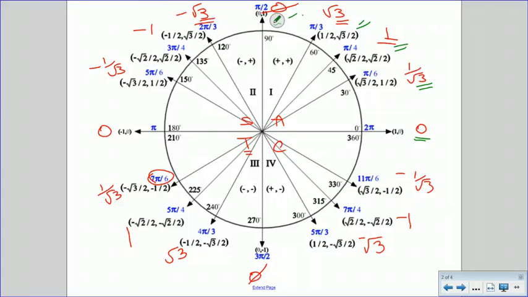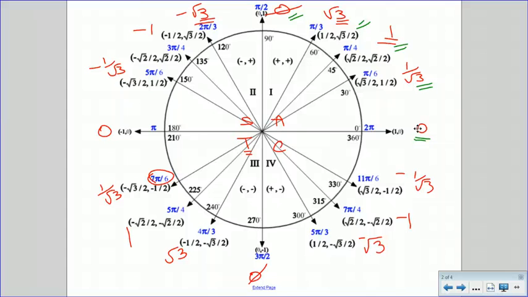And infinity is as big as it gets. So, small, medium, large, extra large, quadruple extra large. Get some concept as to how that number is increasing. And then make sure you take on the sign of the appropriate quadrants in terms of the CAST rule.